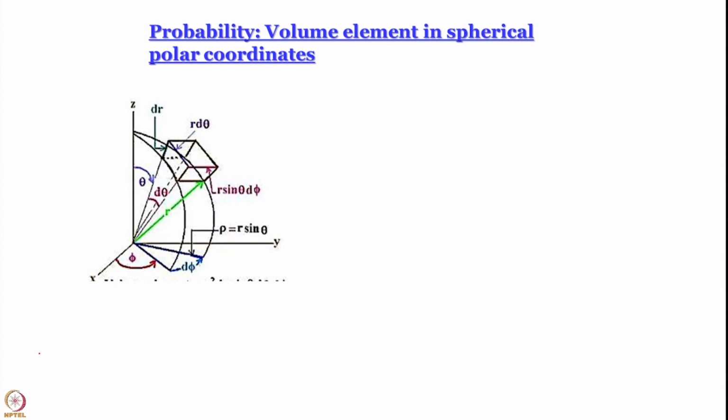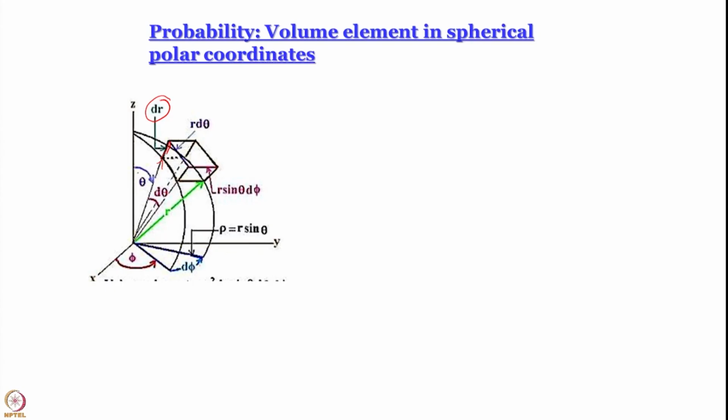When we talk about spherical polar coordinates, this is one coordinate r, up to here is r. We increase that coordinate by an amount dr. So, that is one side of our volume element. Next, the next coordinate is theta.